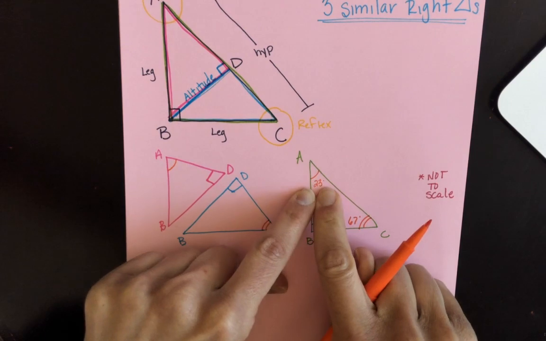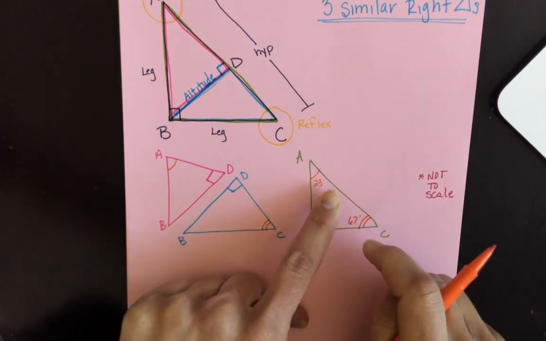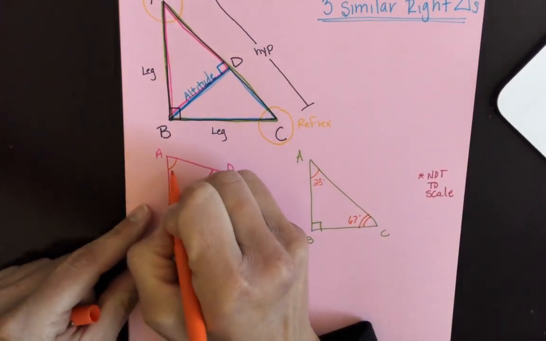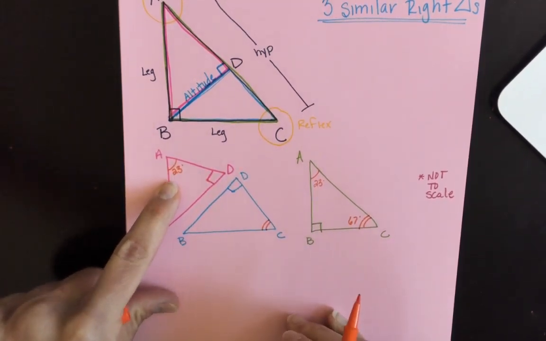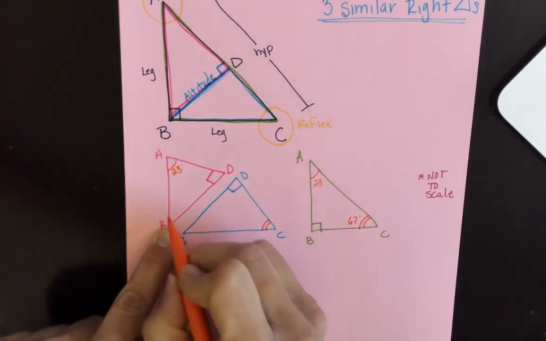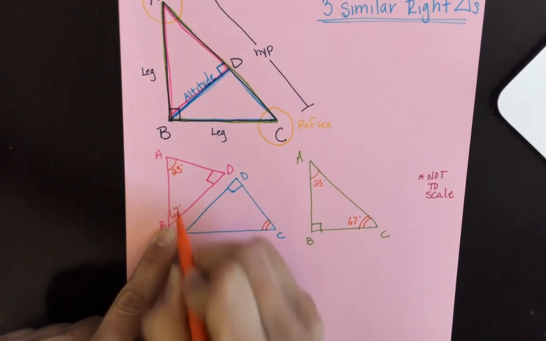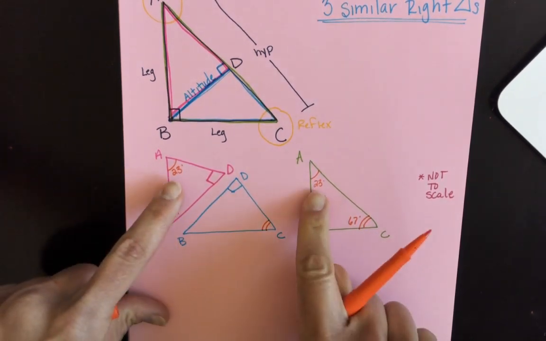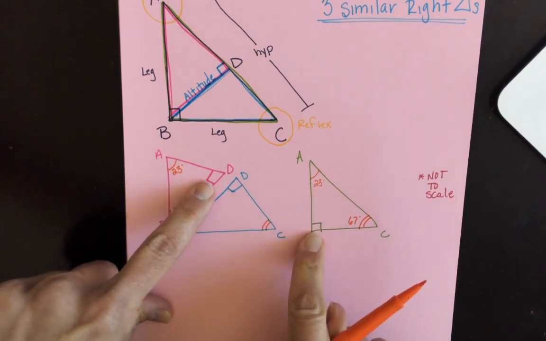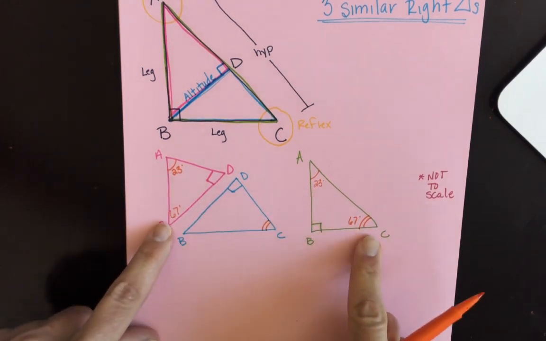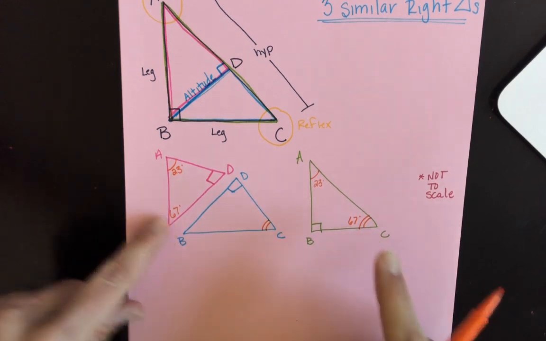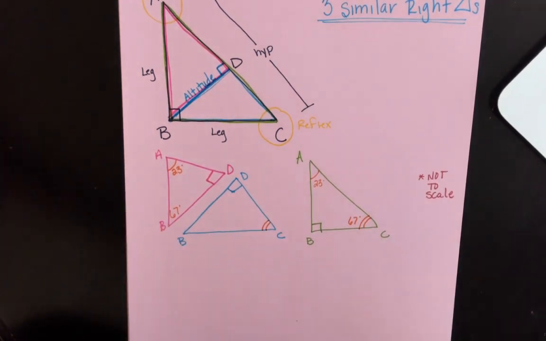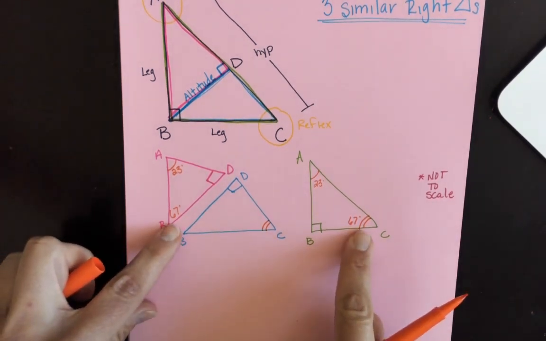So again, this was just an arbitrary number. But I do know if this is 23 and it's reflexive, this angle A over here has to be 23. The only other measure this angle could be right here is that 67 degrees. So reflexive, already having those common 90-degree angles, the other angle still has to be the same complement. So remember, we had that theorem before. Angles complementary to the same angle are congruent.